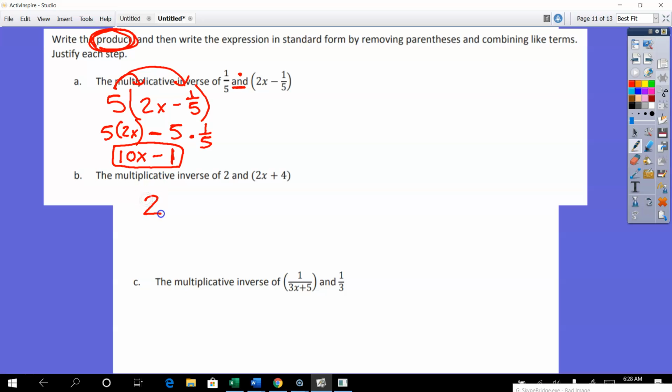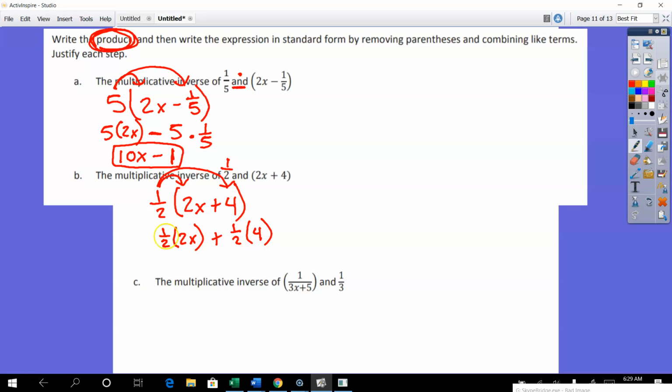The multiplicative inverse of 2, sorry, I knew I was missing something there. So the multiplicative inverse of 2 is, we flip it, 1 over 2. And 2x plus 4. So 1/2 times 2x, that's what the arrow means we're doing, plus 1/2 times 4, again what the arrow means we're doing.